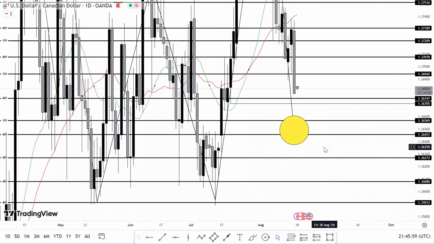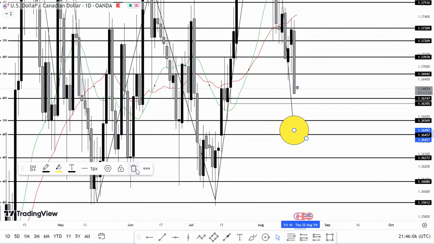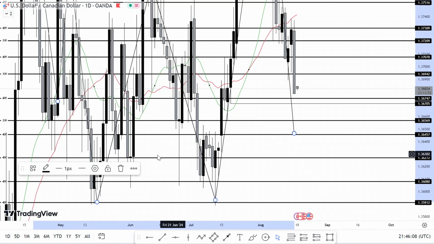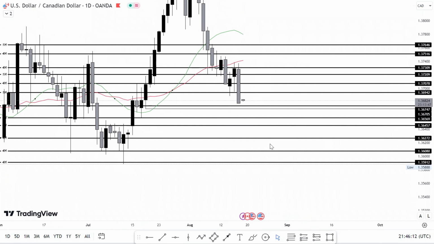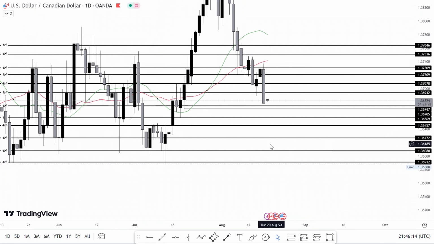Price should actually come to that level in order for the market to be balanced before, let's say, we see a reversal to the upside. But we are going to analyze the market, and we are going to see why I'm saying price should come down to that level.